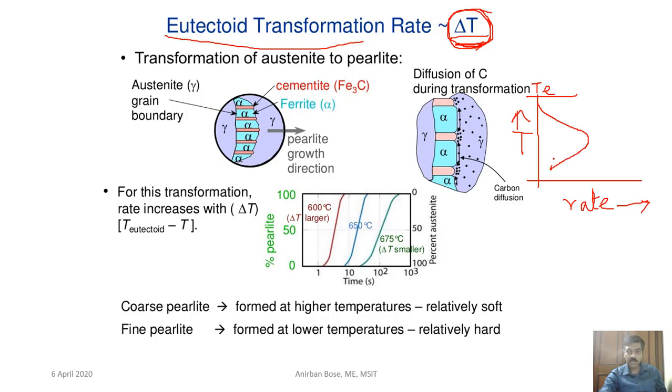And the growth curve was like this. So this is the nucleation, and this curve corresponds to the growth. Now suppose you are at this temperature. This temperature is 675. The eutectoid temperature is say 727. And we are comparing these two cases.